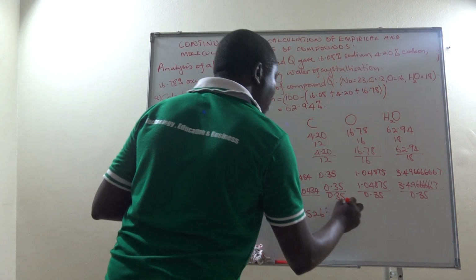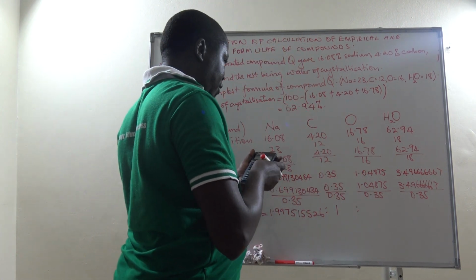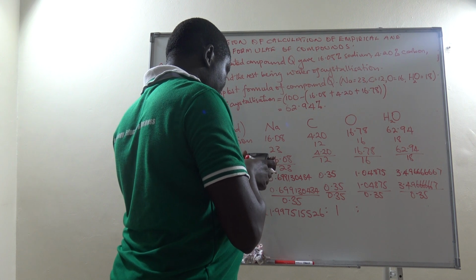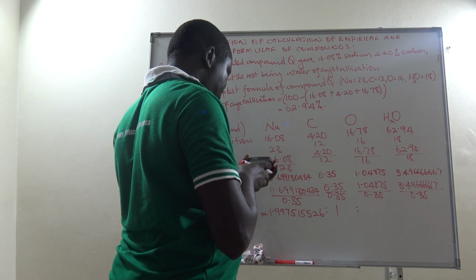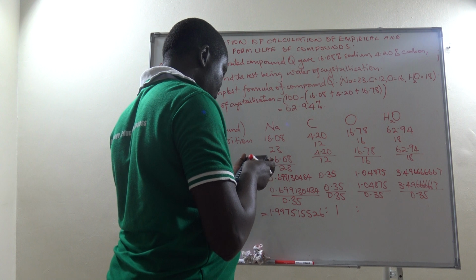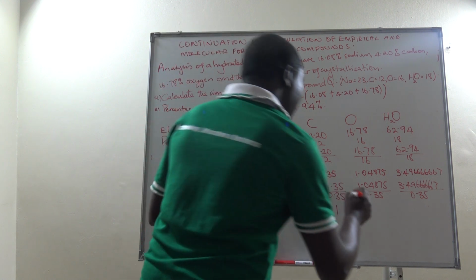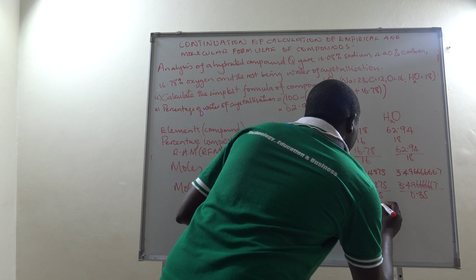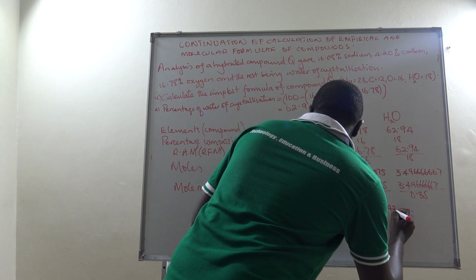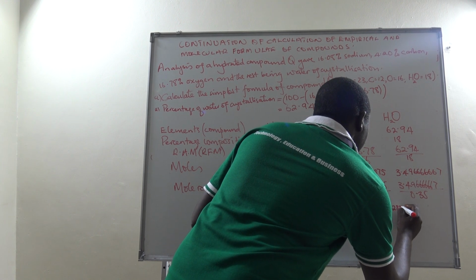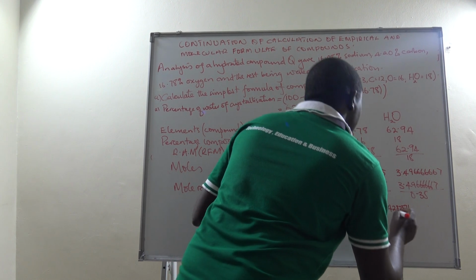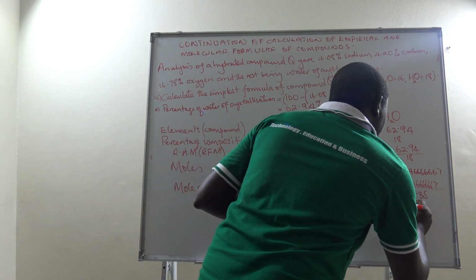So it's the ratio of this one to 1, then we go to 1.04875. We also divide by the smallest 0.35. And this one has given me 2.99642827571. That is for oxygen, and it is 2.